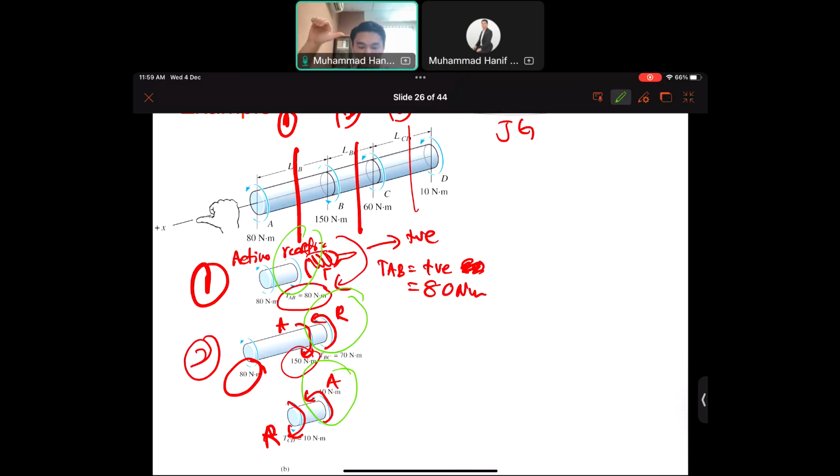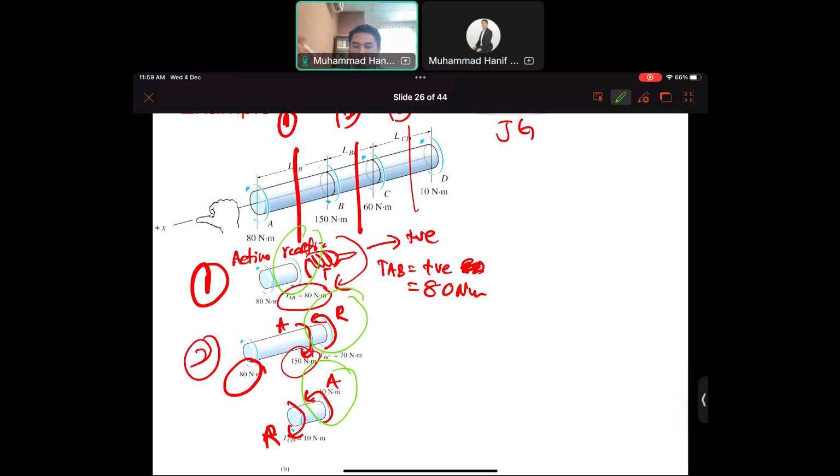The thumb is pointing inward and your other four fingers are rotating like this. In this case, where the thumb is pointing inward, TCD becomes negative 10 Newton meter. That's why we have this value.